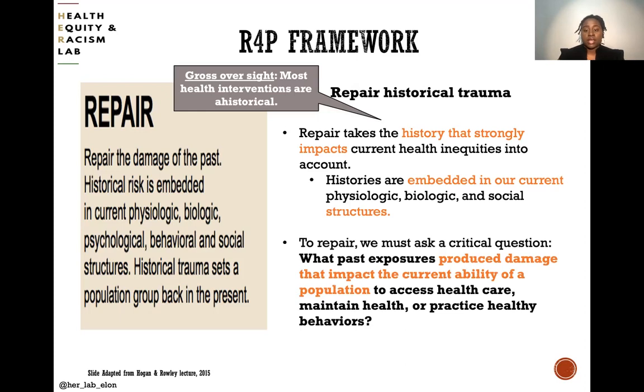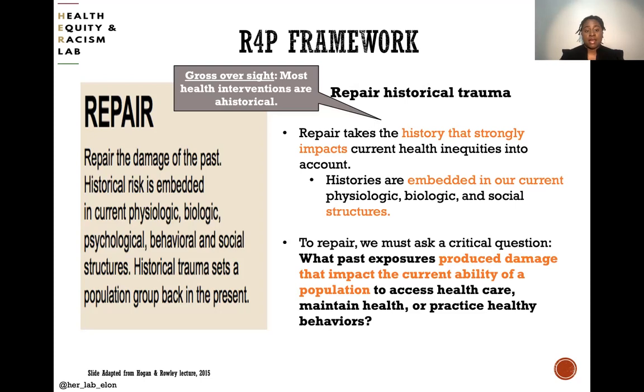This often results in asking critical questions, such as what past exposures produced damage that impact the current ability of a population to access healthcare, maintain healthy behaviors, be able to access their health provider, have health insurance, have health across generations, have health within their family members.